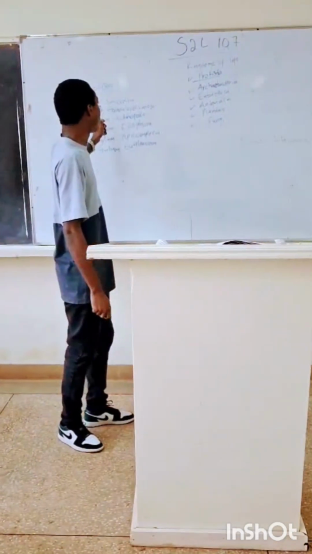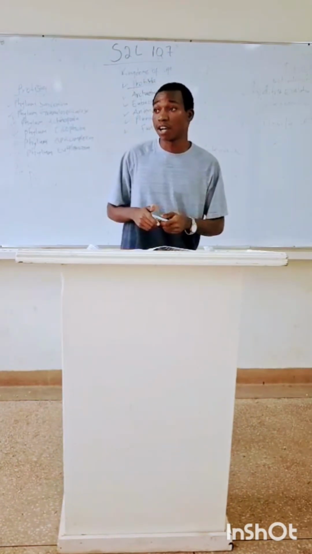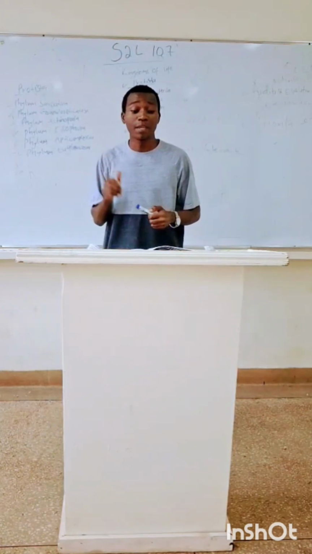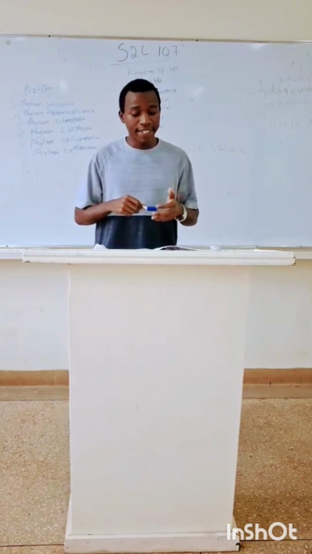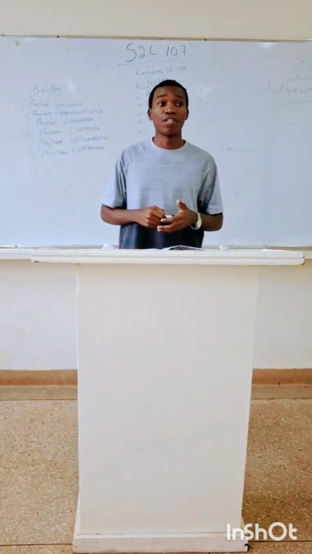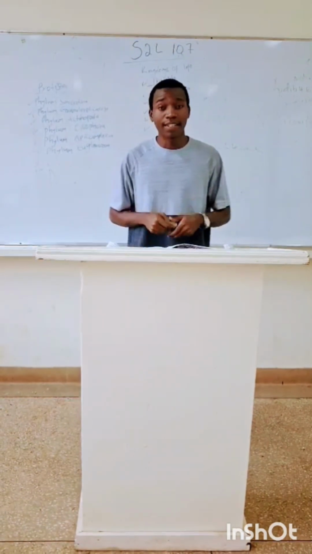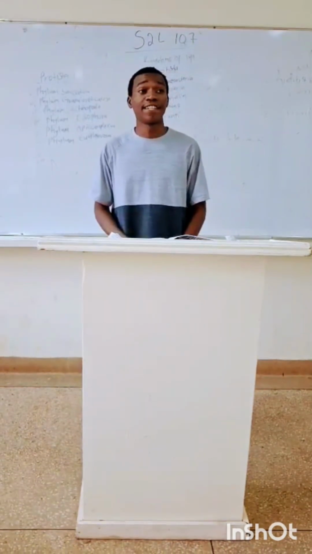Let's begin with phylum Sarcodina. An example of an organism in phylum Sarcodina is amoeba. The characteristics of organisms in this phylum are that they are unicellular, eukaryotic, and have no definite shape.